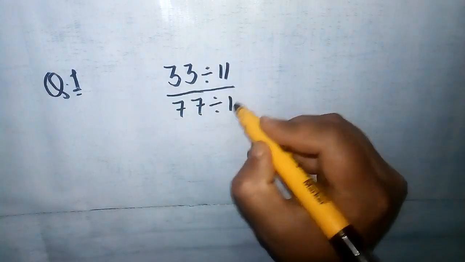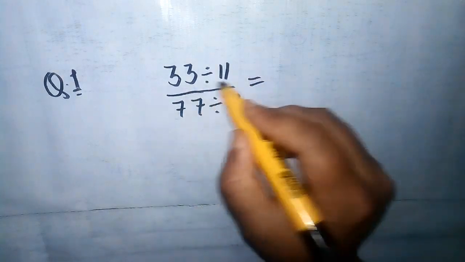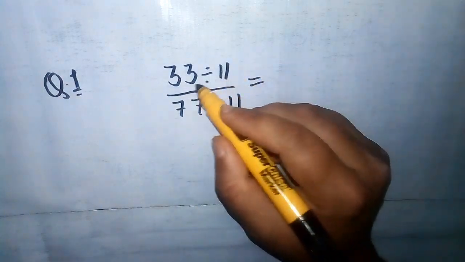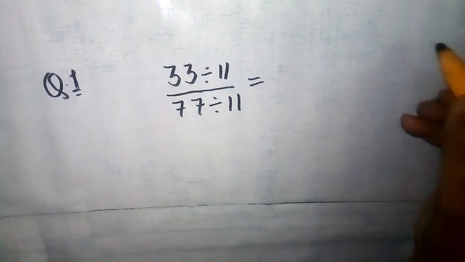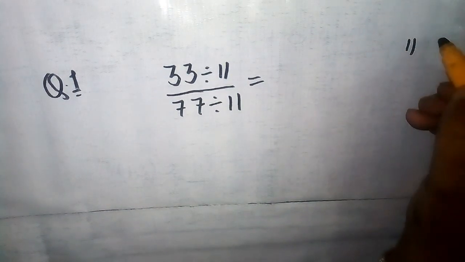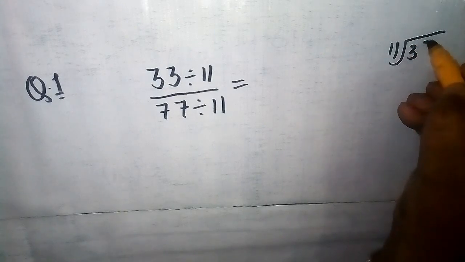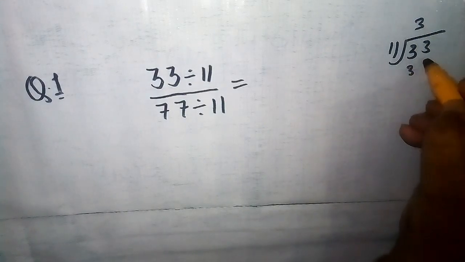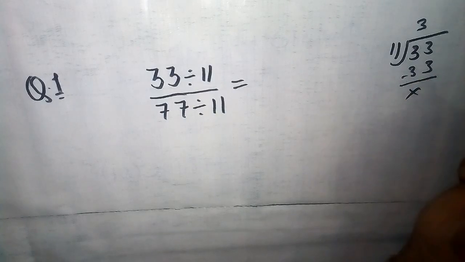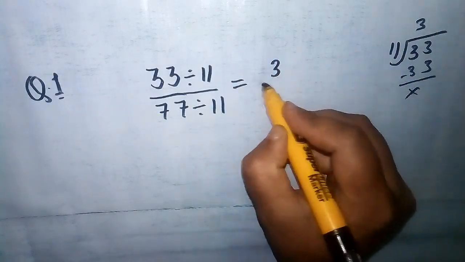So let us divide numerator and denominator both by 11, and what will come? You can divide using long division method. So 33 divided by 11. So you know 11 3s are 33. Remainder will be 0 and your quotient is 3.